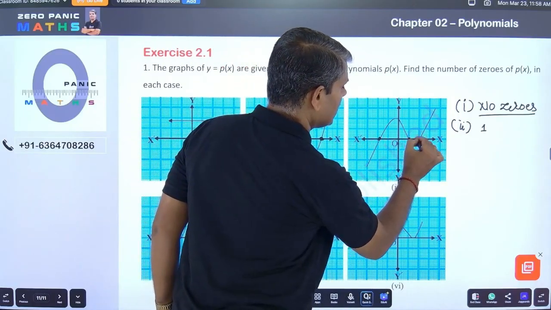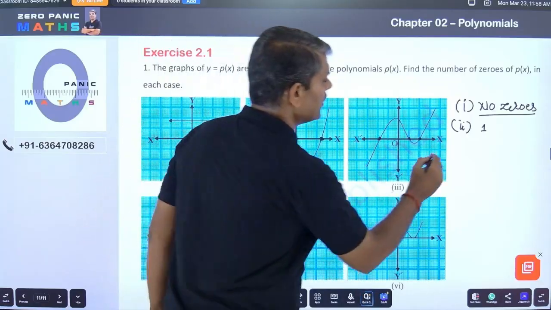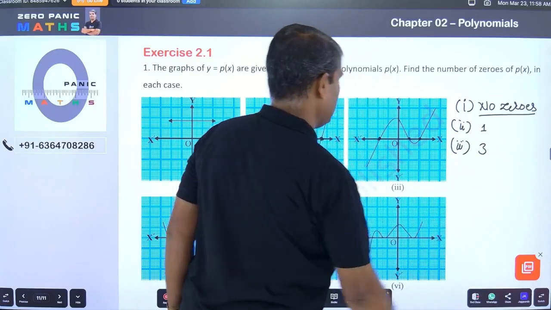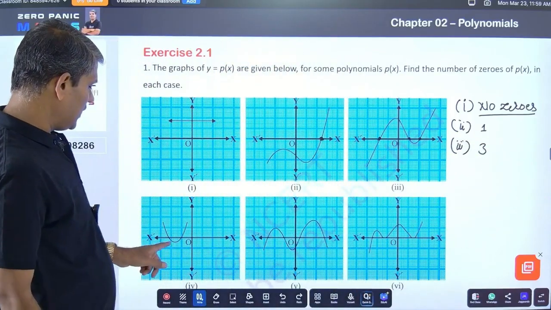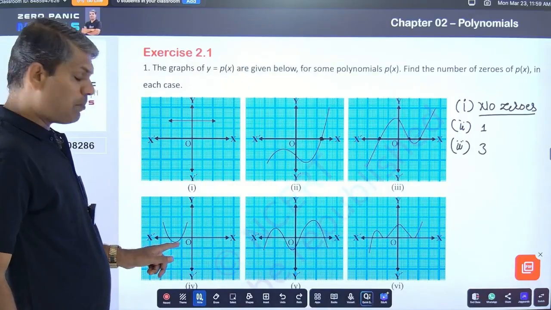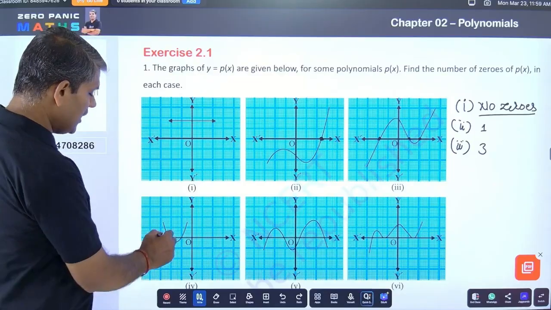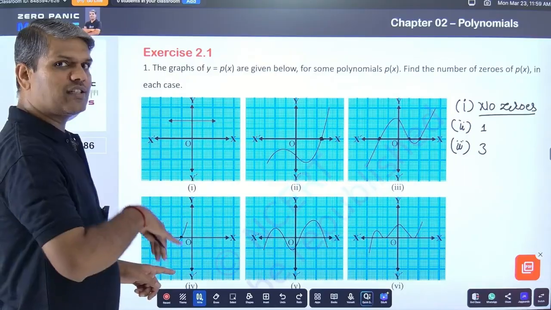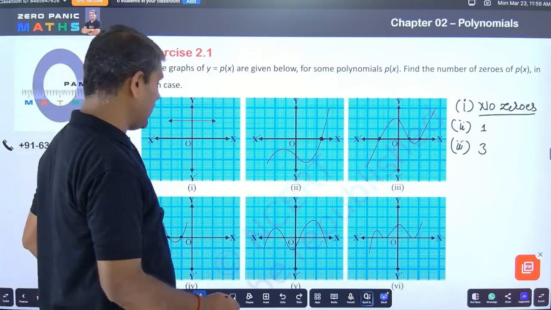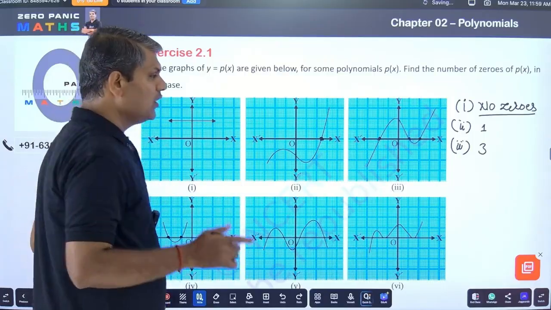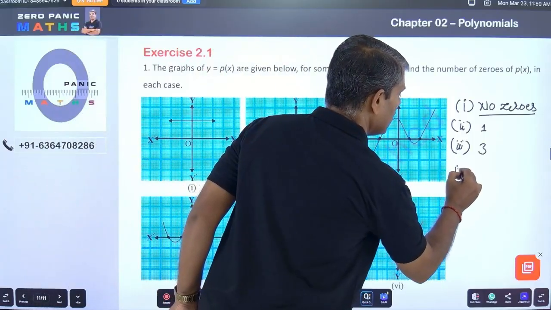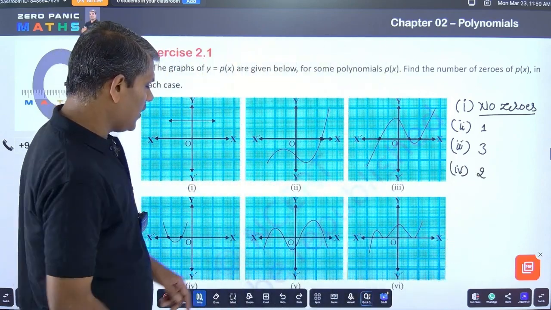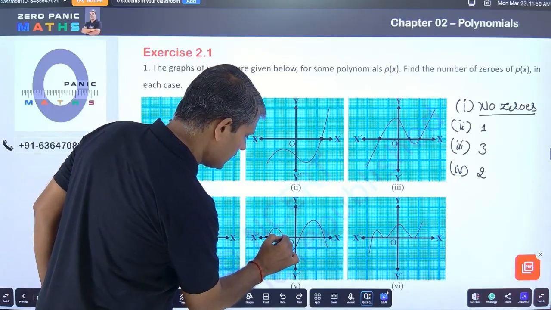It is cutting the x-axis at 3 different points. So case 3 is 3. Case 4 is a parabolic structure, a quadratic polynomial, cutting the x-axis at 2 different points, on the negative x-axis only. So it is 2.